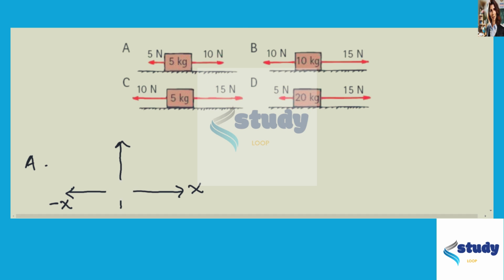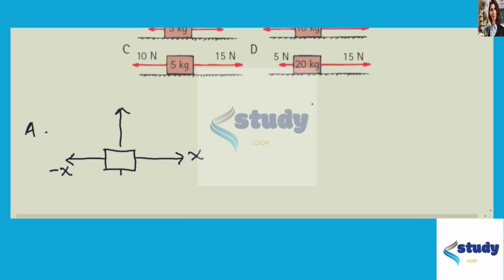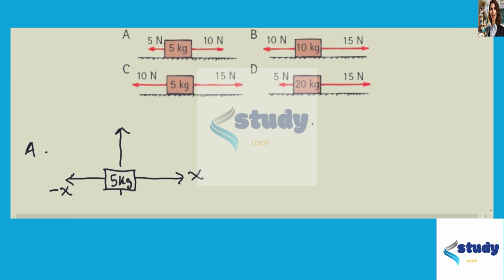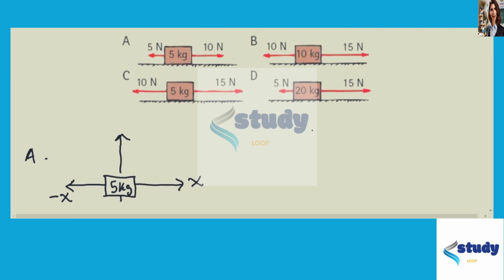So for the first one, I'm going to draw the diagram of forces, just to get an idea of what we're going to do with the other ones. In this case, we have the one that has a mass of 5 kilograms, and the forces acting on it are one to the right of 10 newtons and one to the left of 5 newtons.